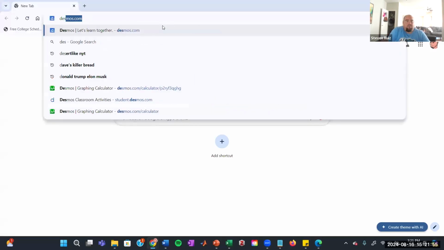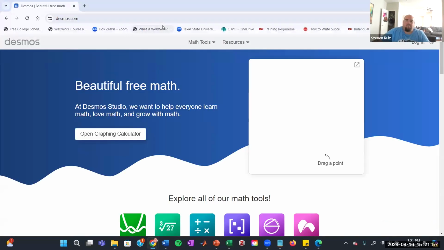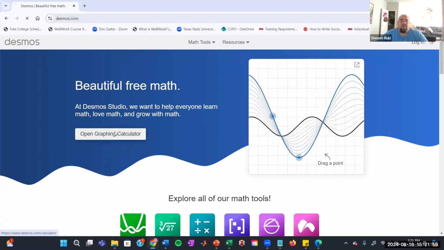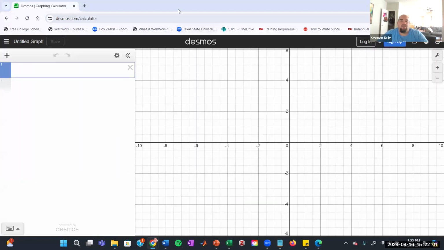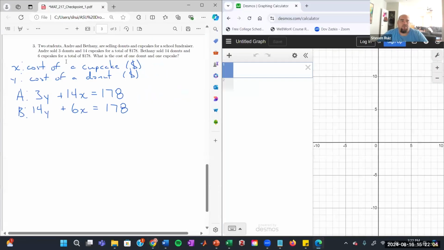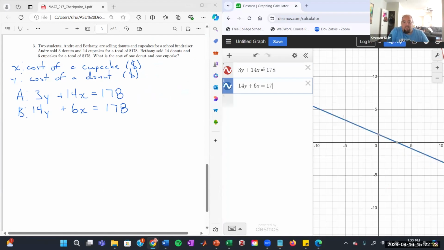So if we go to Desmos, turn on the graphing calculator. Let's do these side by side so I can see my equations. I'm going to just put these equations right in Desmos. So 3y plus 14x equals 178, and 14y plus 6x equals 178.